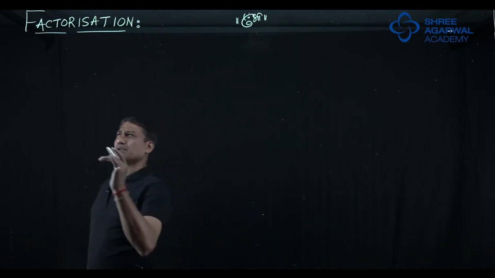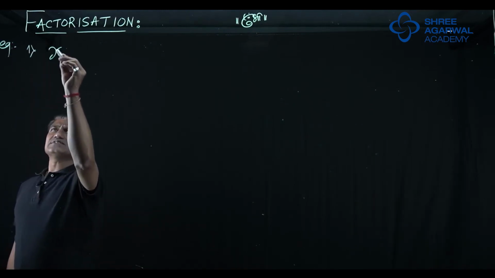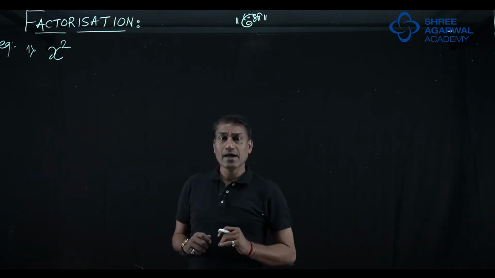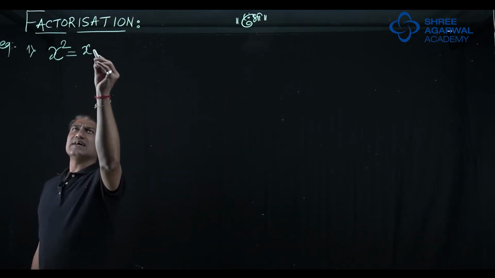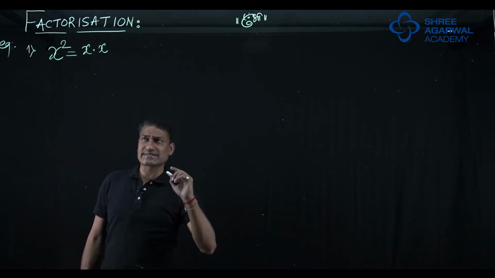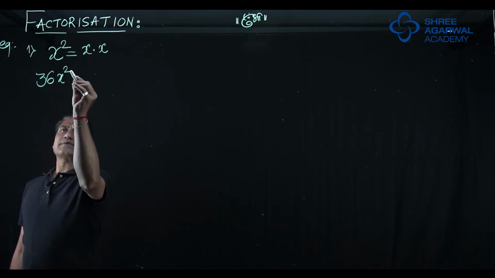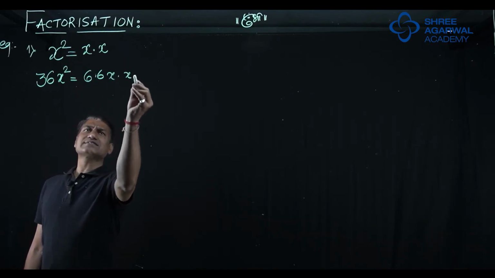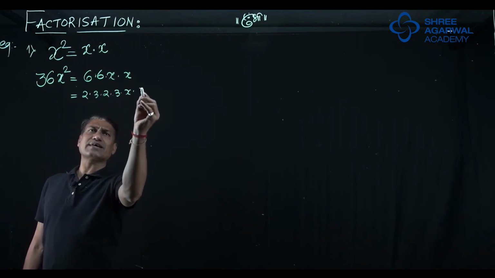Let us take an example. If they give us x square, it's a single term and they say factorize. I would write this x square as x into x. So, the factors of x square are x and x. If they give us 36x square, I would write this as 6 into 6x into x, and I can write this as 2 into 3 into 2 into 3 into x into x.